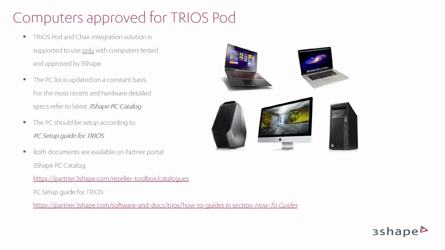Also, as we mentioned, the PC should be set up according to the PC setup guide for Trios. Both documents will be available on the partner portal. If you follow this link, and you look for the PC guide for Trios, you will find the second link, or you may use the PC system basic setup video that will also be shared with you in the presentation.